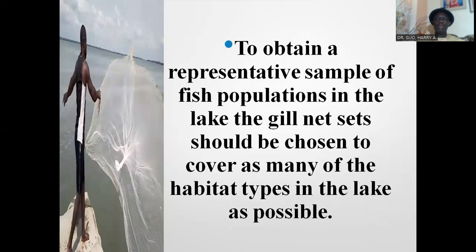To obtain a representative sample of fish populations in the lake, the gill net sets should be chosen to cover as many of the habitat types in the lake as possible, so that the collector can collect as many different fish species as possible.